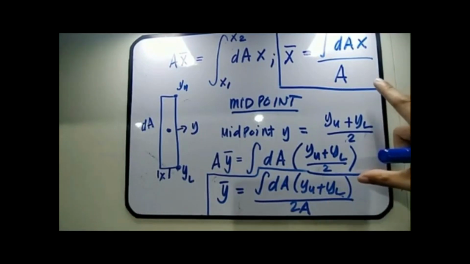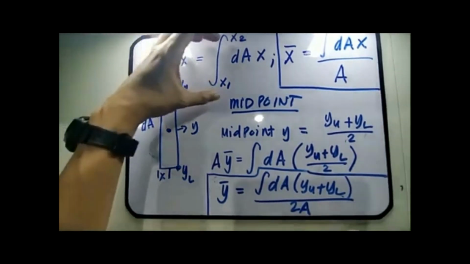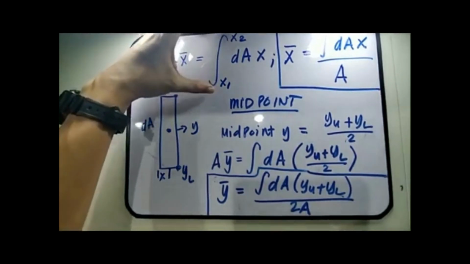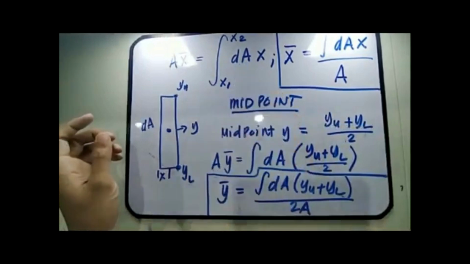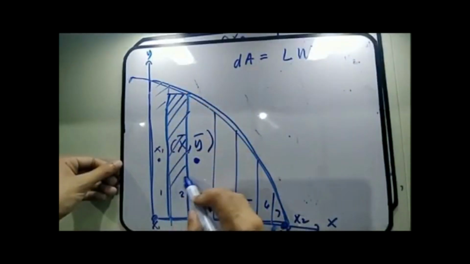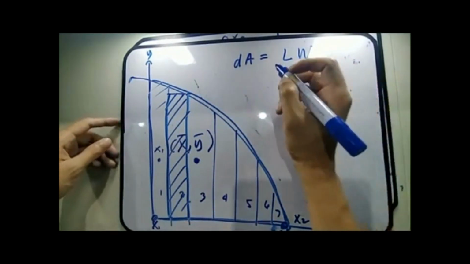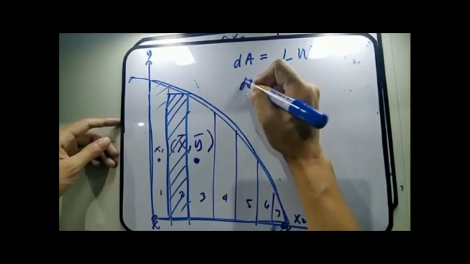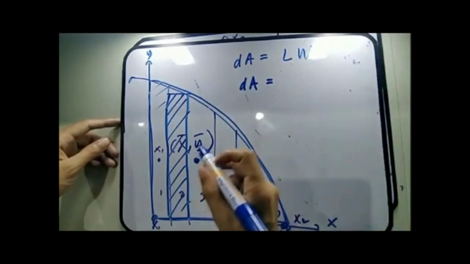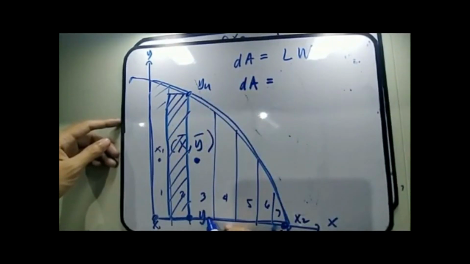So, na-derive natin guys yung mga formulas using simple and basic, yung mga fundamental concepts. So, balikan lang natin guys yung previous topic natin, which is yung area by integration. So, in most problems guys, usually dapat ang kinukuha natin is vertical rectangular strip. So, we have here differential of A. So, it's fine as long as tumama yung strip natin into both boundaries.